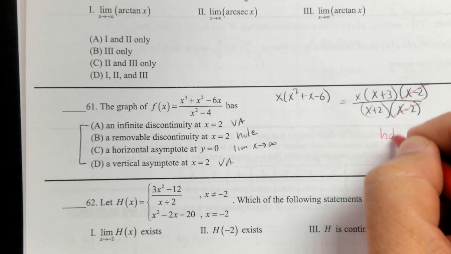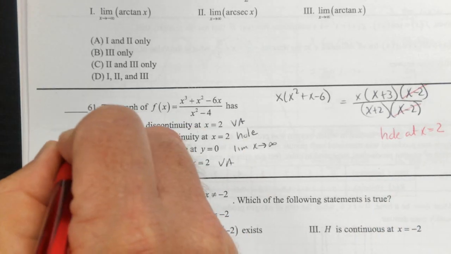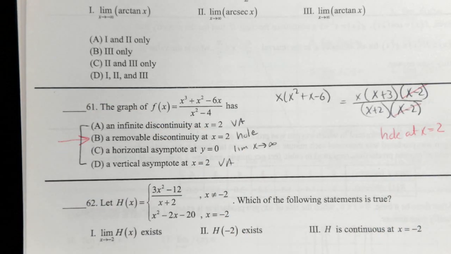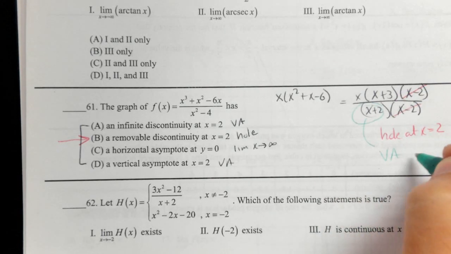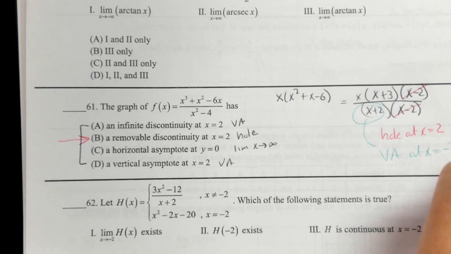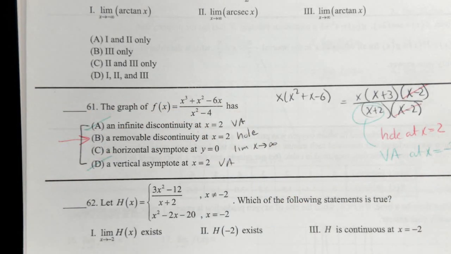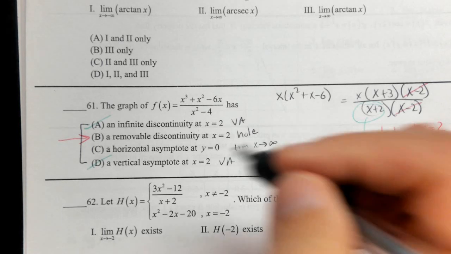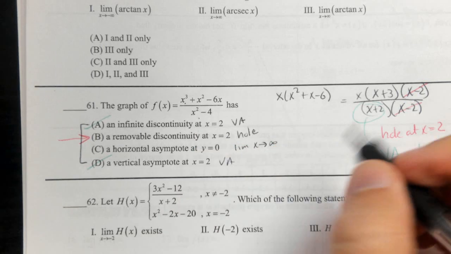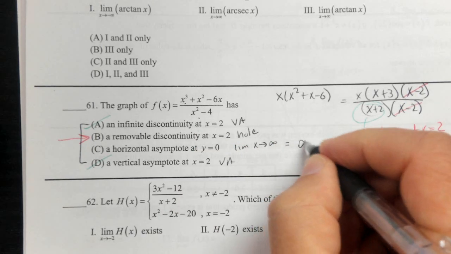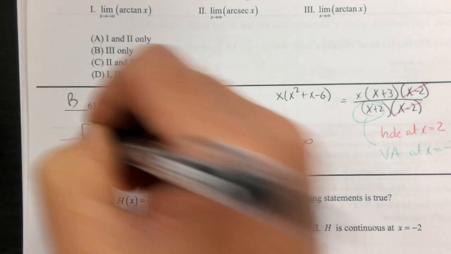That means there's a hole at x equals 2, which is B, so I'm pretty sure it's B. There's a vertical asymptote at x equals negative 2, not at 2. Again, A and D are saying the same thing. And the infinite limit, well, the x cubed is bigger than the x squared, so the limit as x goes to infinity would be infinity, so there is no horizontal asymptote. So yeah, it was B.